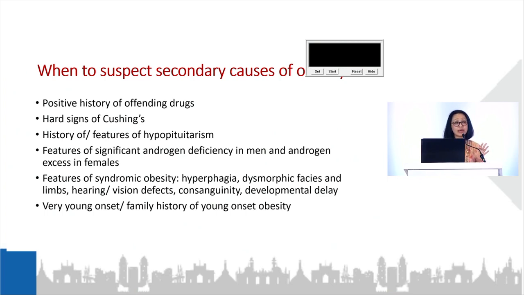While some degree of androgen excess in the form of hirsutism, acne, oligomenorrhea may be seen in women with obesity, and some form of hypogonadism may be seen in men with obesity, severe forms of virilization suggest a secondary cause of obesity in females, like an androgen secreting tumor or Cushing syndrome, whereas in men the severe degrees of undervirilization could suggest that hypogonadism is the primary cause of obesity. Then there are the features of syndromic obesity like hyperphagia, dysmorphic faces and limbs, and developmental delay, or very young onset and family history of very young onset obesity.